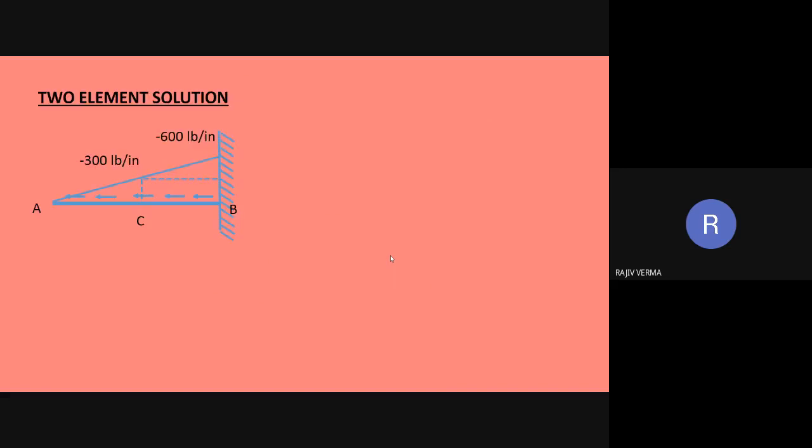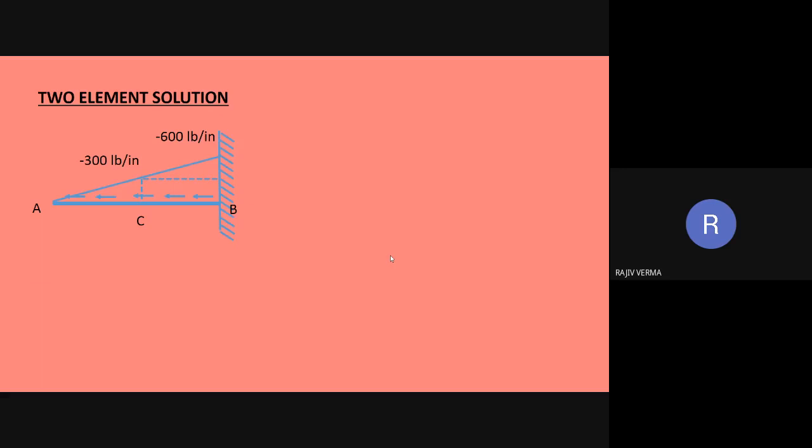Now when you divide the entire domain into two elements, we have an additional node which is located exactly at the center, but this actually is not a requirement. You could have located node number C anywhere depending upon your requirement or your convenience. But in the present case, the domain has been divided into two equal elements represented by AC and CB.